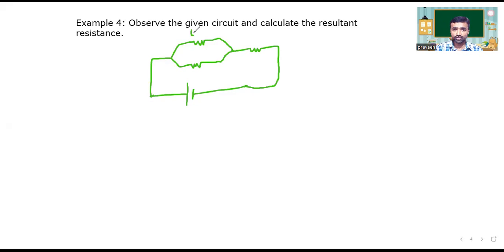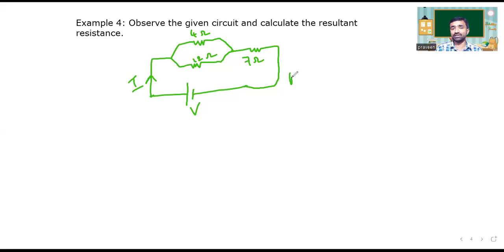So 4 ohms, 12 ohms, and 7 ohms. And the battery voltage is given as some V. Here you have the current also, some I. Whatever the I value and V value may be, you are able to find out the equivalent resistance.